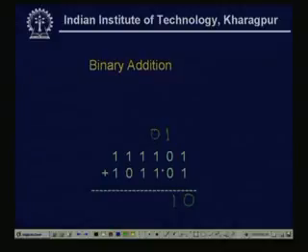Now, again here, this is 1 plus 1, which means my sum is 0 but carry is 1, and again 0 plus 0. So, this is 0, carry is 1.